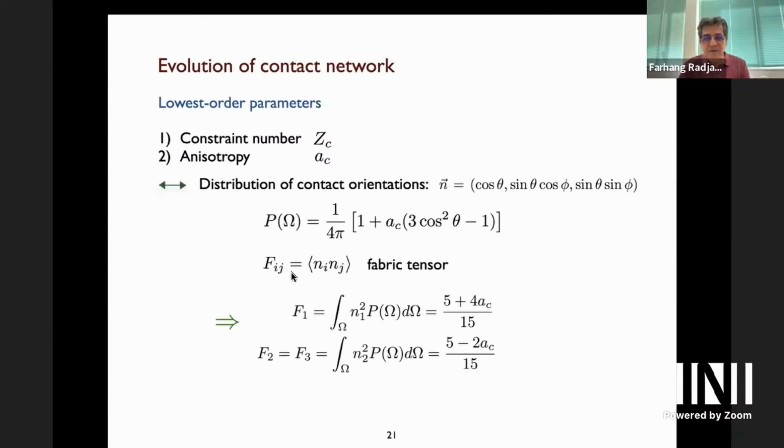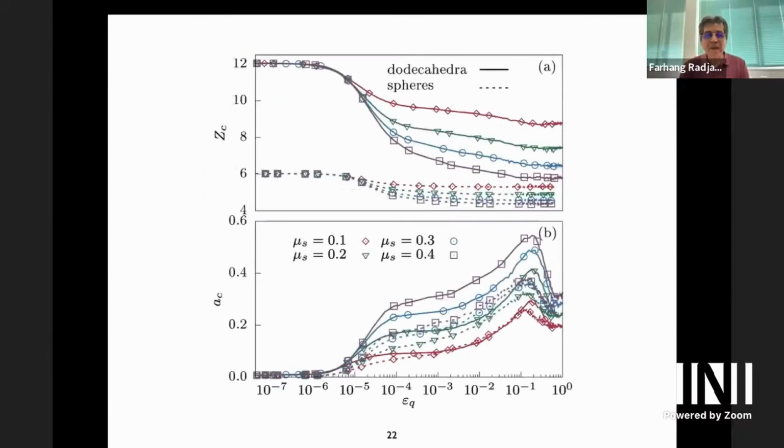This AC can be evaluated from the fabric tensor. It can be shown that in this geometry the principal values F1 of the fabric tensor are related to AC, the anisotropy of the packing, and that's how we evaluated the values of AC. Here you see the evolution of ZC and AC with epsilon Q, the shear strain.